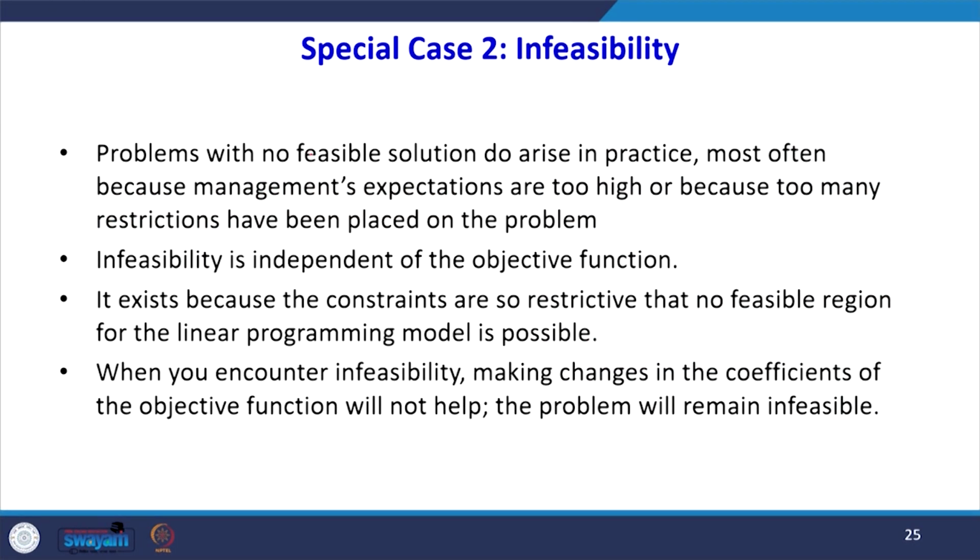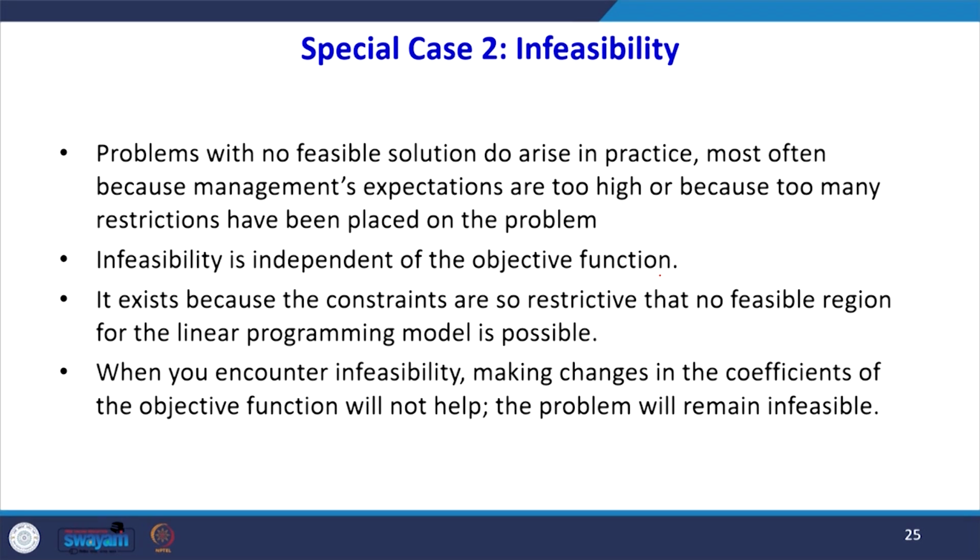The problem with no feasible solution does arise in practice most often because the management's expectations are too high or because too many restrictions have been placed on the problem. Another important point you should remember, this infeasibility is independent of the objective functions.